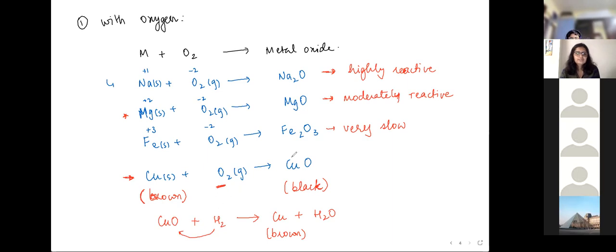The black one is copper oxide, on oxidation it becomes copper oxide. So you can make a note of it on the side somewhere. If the question says on heating in air, it means that whatever is being heated in air is reacting with oxygen.